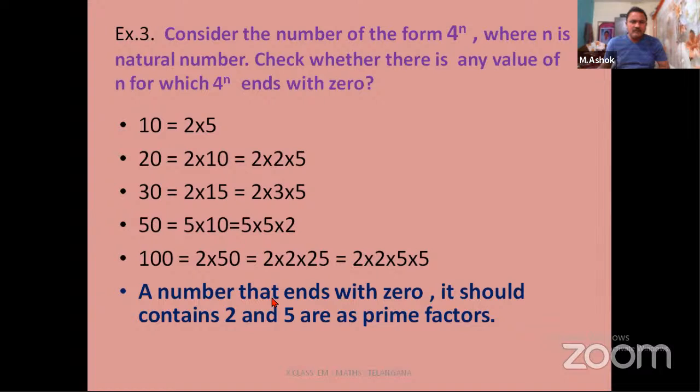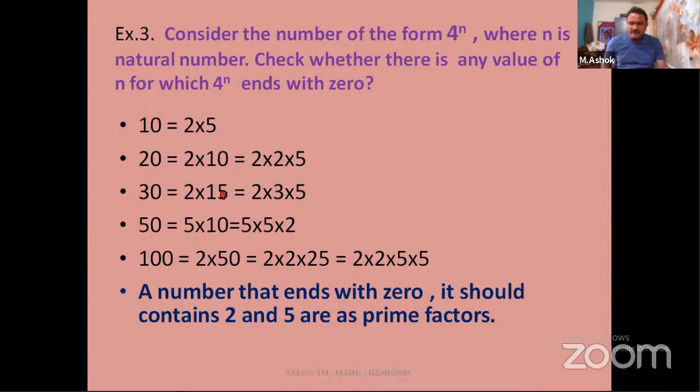So a number that ends with 0 should contain only 2 and 5 as prime factors. If you write the prime factorization of a number and it contains only 2 and 5 as prime factors, it is clear that it ends with 0.